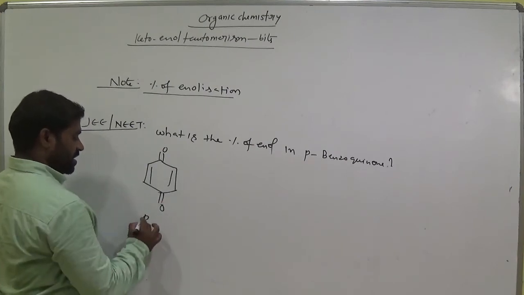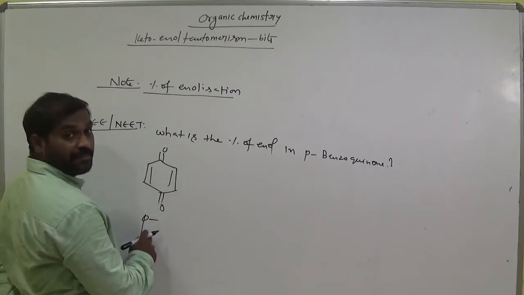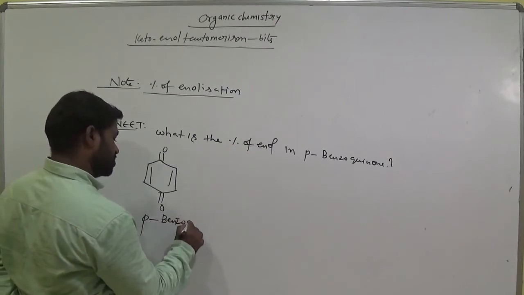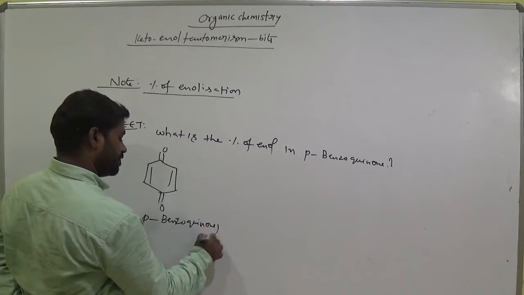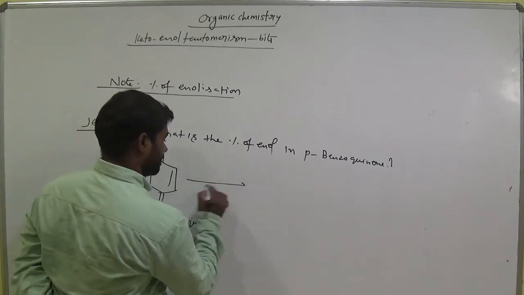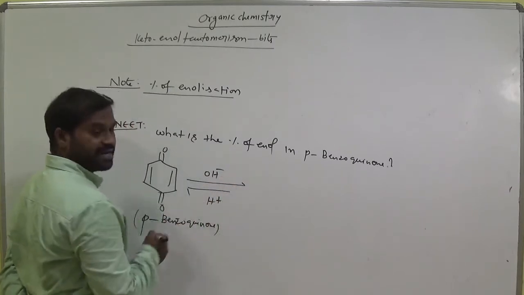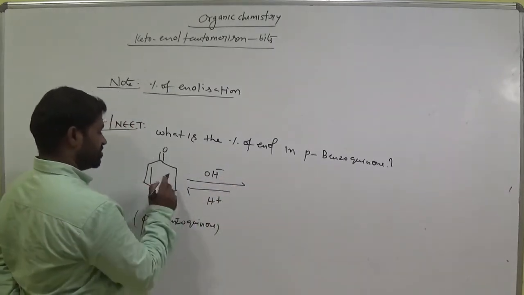P means para, P-A-R-A, para benzoquinone. Base medium or acidic medium, OH minus or H plus. Okay, so let's see.